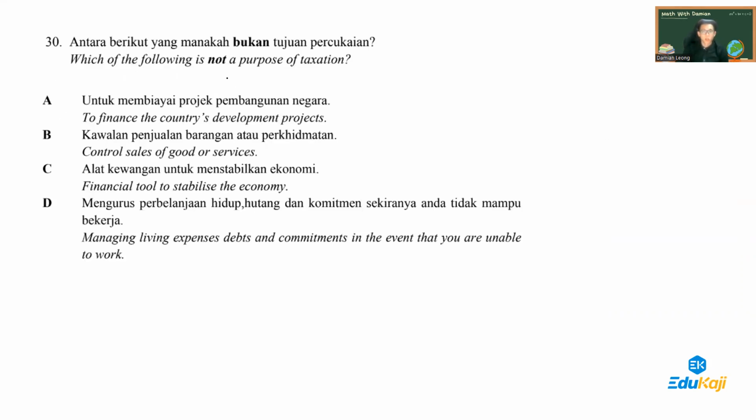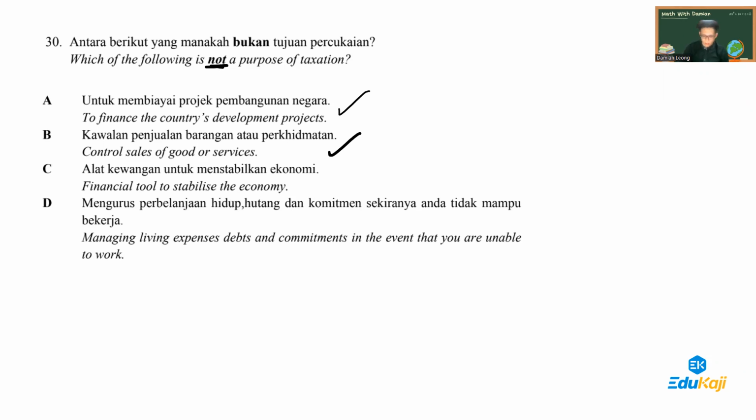Question 30, which is not a purpose of taxation. Be aware it's not. So to finance the country's development project, that is true. Control sales of goods and services, also true. Sometimes by increasing tax, we discourage certain item sales.